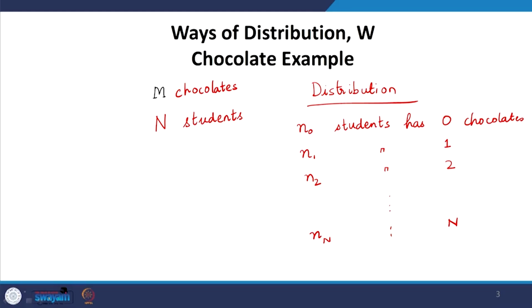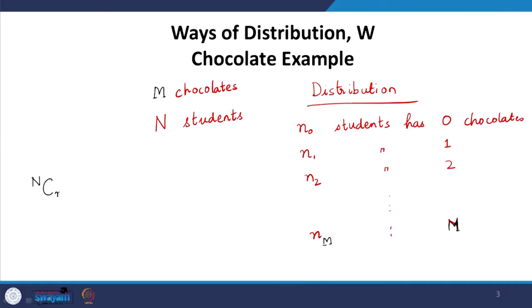In this case, all that changes is that you have more possibilities, starting from n0, n1, n2, and ultimately n_m students having m chocolates. The idea of the number of chocolates being the same as the number of students is only for simplicity; it can be even more general, and we will see how it comes in the next example as well.